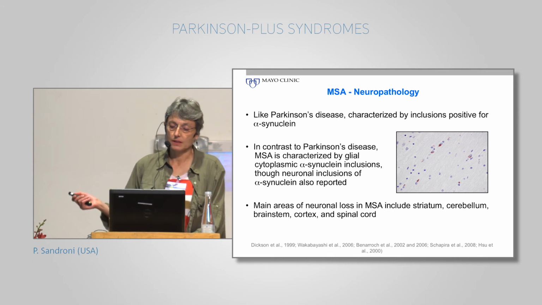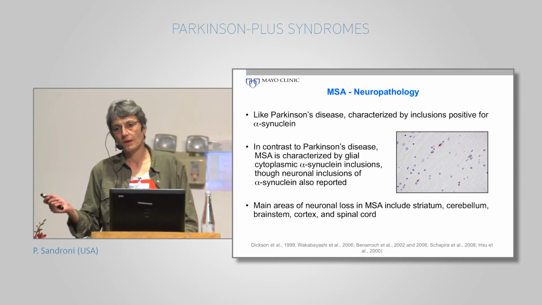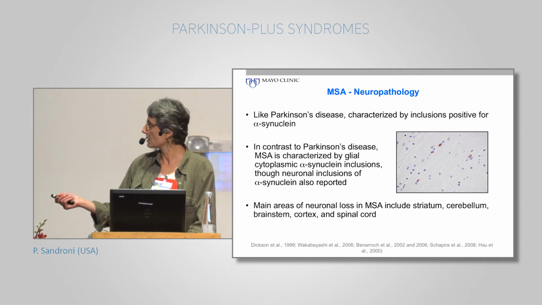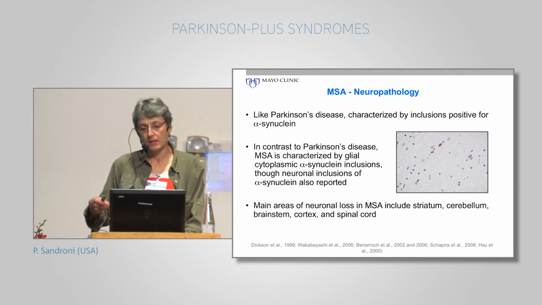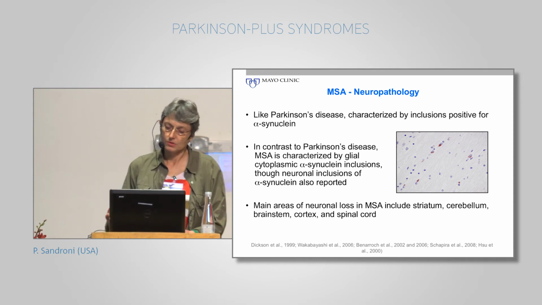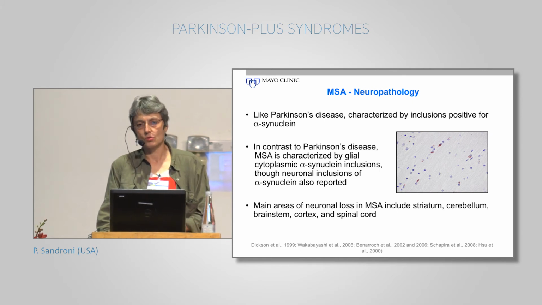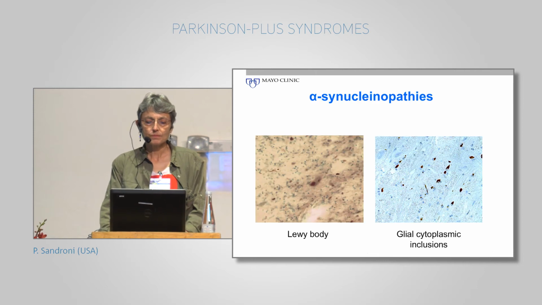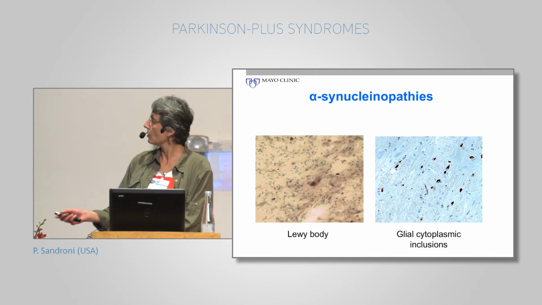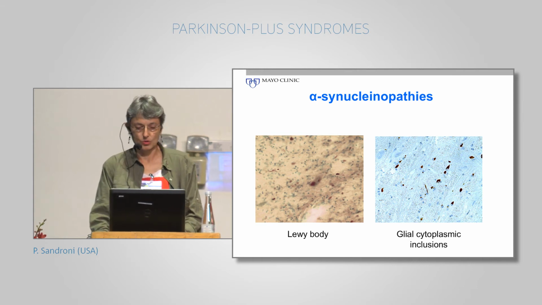The areas affected include the striatum, the cerebellum, the brainstem, cortex, and spinal cord. And actually, probably the first site is the brainstem, and that's where a lot of the symptoms really localize, if you think about it, with the sleep disorder, the breathing abnormalities, etc. Again, these are a Lewy body on the left and a glial cytoplasmic inclusion on the right.